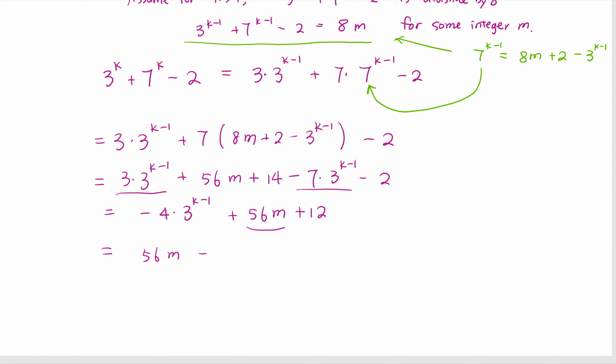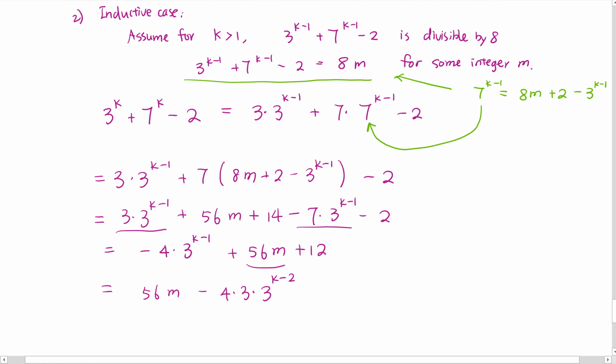Can we also find a 12 in the first term? Yes, we can do it by splitting the 4 and 3. And then we have 3 to the k minus 2. Because k is greater than 1, k minus 2 is greater than or equal to 0, so it is defined. And then we have plus 12.